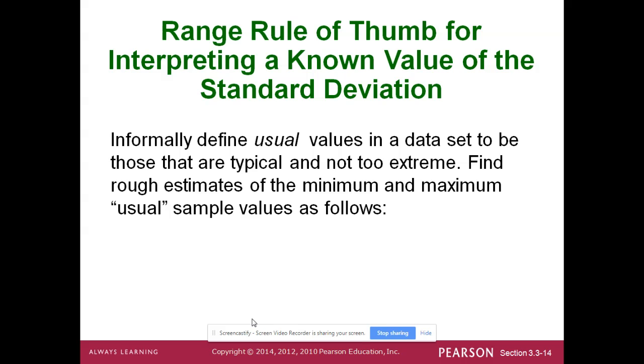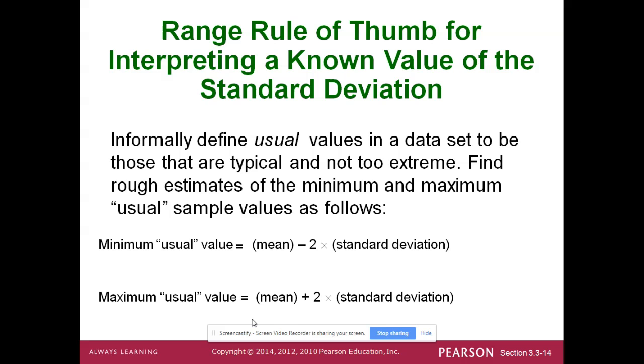We can find rough estimates of those minimum and maximum usual sample values using these little formulas. The mean minus 2 standard deviations. So whatever you find for the standard deviation, you take the mean minus 2 times that number. That's going to be your minimum usual value.